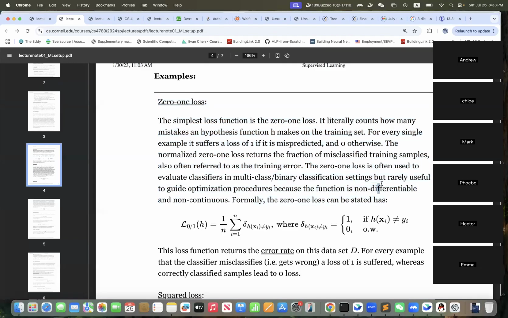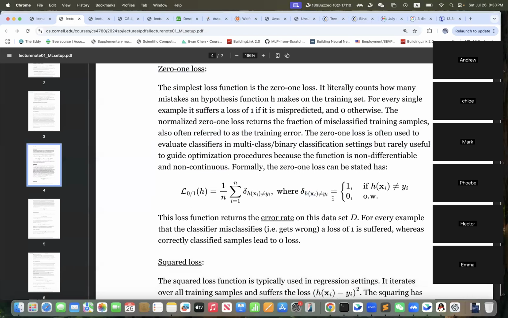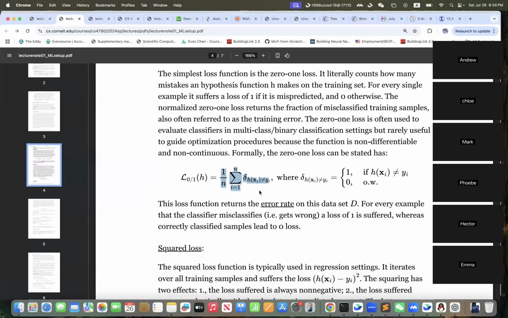Okay, cool. You see, even in the lecture notes it says it's non-differentiable and non-continuous, right? And I have explained that because in the loss function, you sometimes jump from 0 to 1. Okay. Emma, can you also explain what this means in your own plain words?